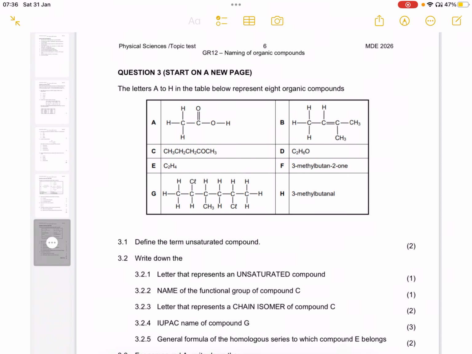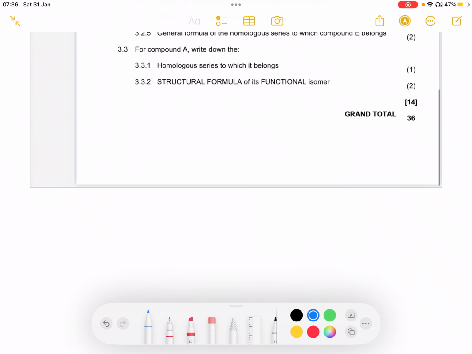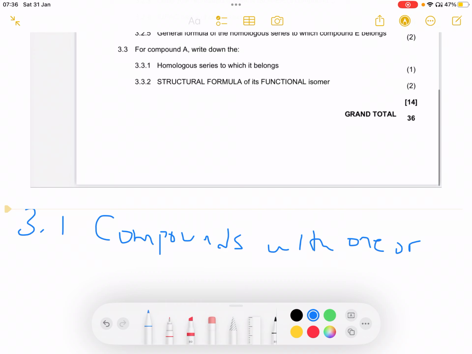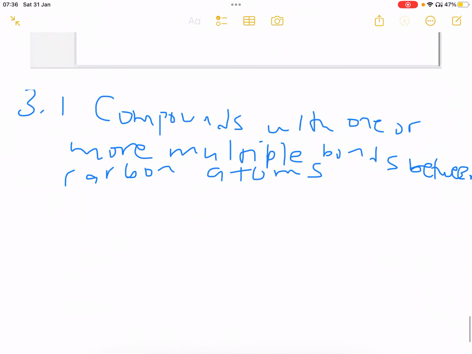Define the term unsaturated compound. Now, what is an unsaturated compound? That's 3.1. Compounds with one or more multiple bonds between carbon atoms in their hydrocarbon chain.